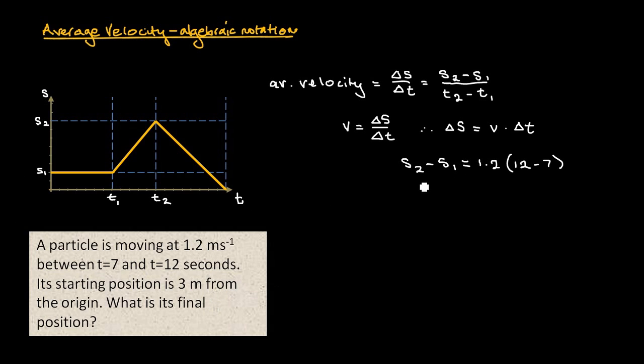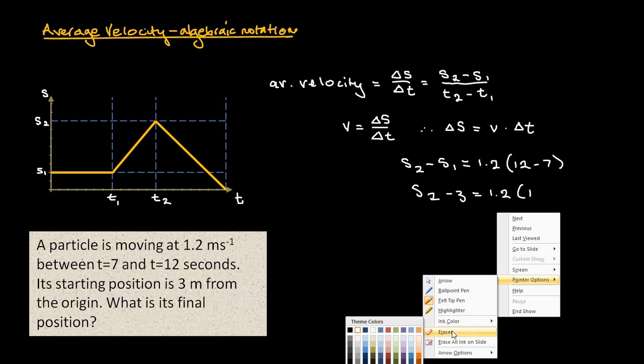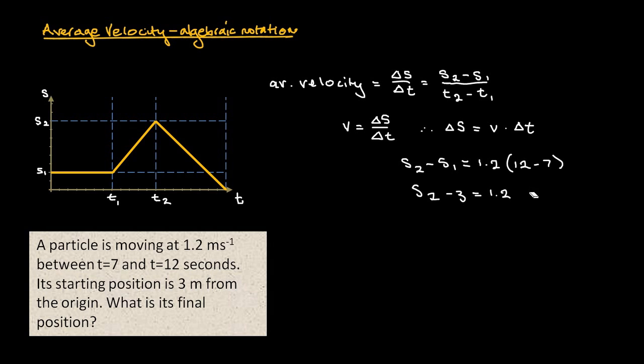So we can now rewrite this: s2, which is what we're trying to find, minus 3 equals 1.2 times 12. In fact, why don't I just write times 5. 12 minus 7 is 5.